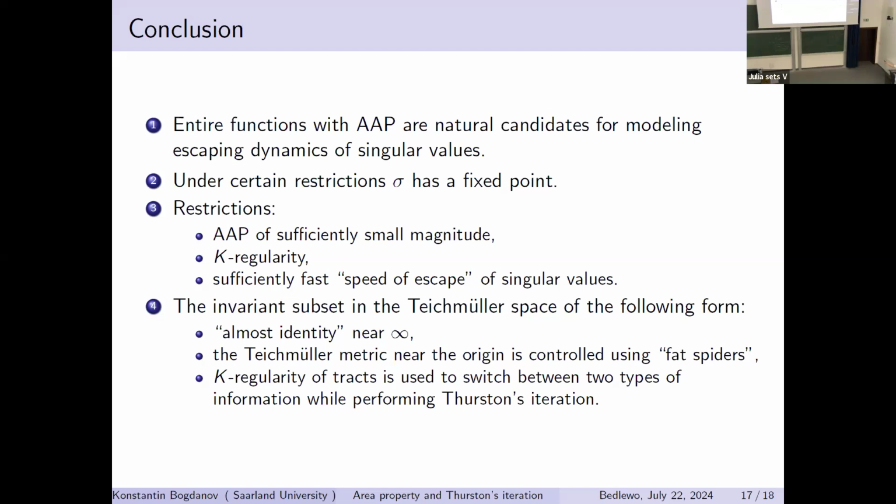For example, the maps that I know which have explicit form in principle have the asymptotic area property. I actually didn't check carefully the structurally finite map, which is given by the integral of a polynomial times exponential of a polynomial, but intuitively it must have asymptotic area property of sufficiently good magnitude for this to work. I need to check it.